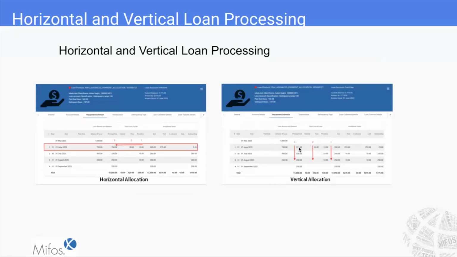If it is paid, it will go to the next installment principal, and then the next installment principal, and then interest and penalties, or vice versa, as per the priority we have set in the advance allocation. So this is how the loan amount will be allocated, whether at horizontal or vertical level.